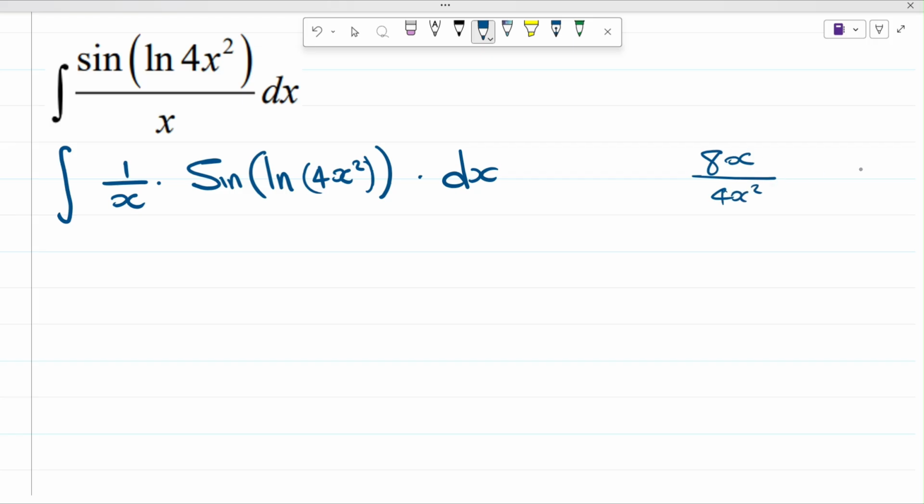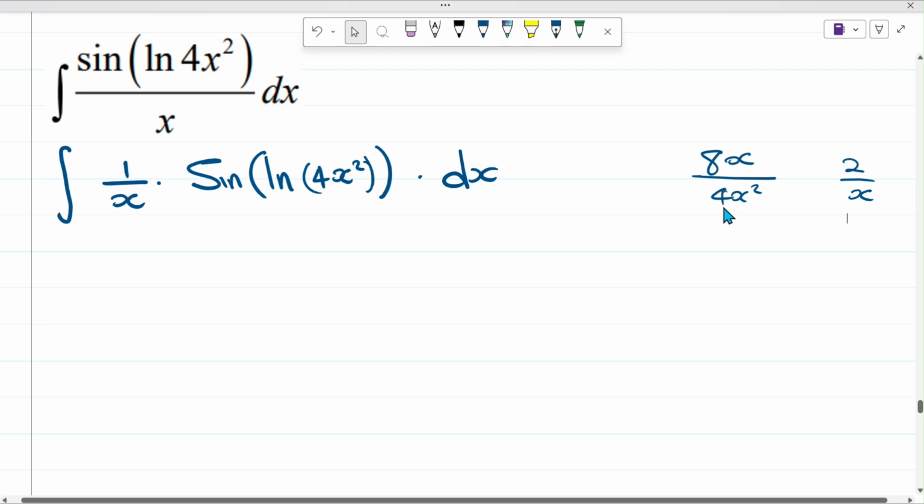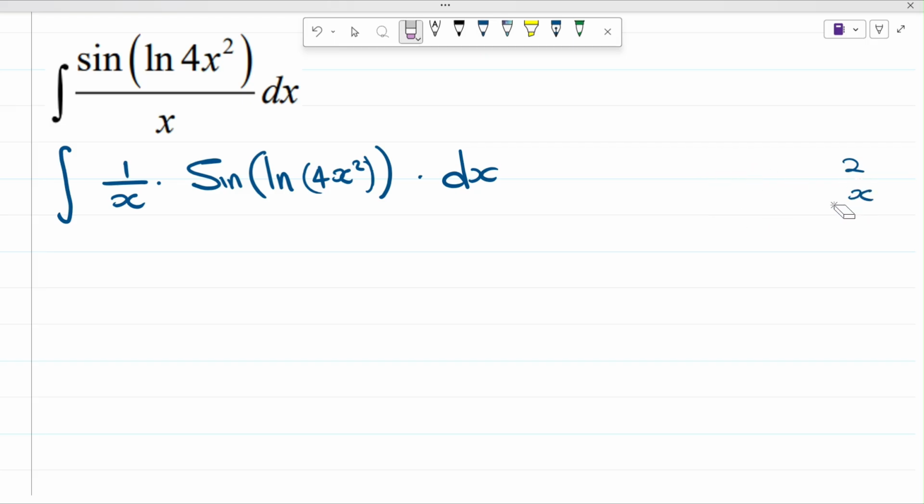So that's going to be 2 over x, right? Yes, this has to be 2 over x. 8 divided by 4 is 2, and x divided by x squared is 1 over x. So the derivative of ln of 4x squared is 2 over x.